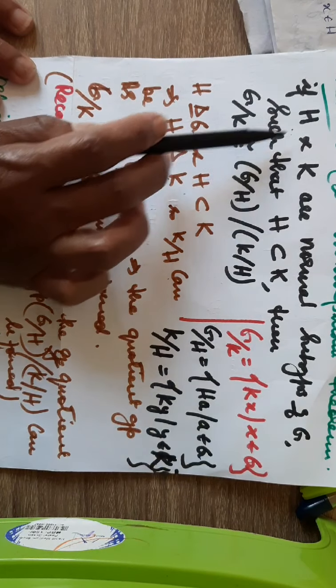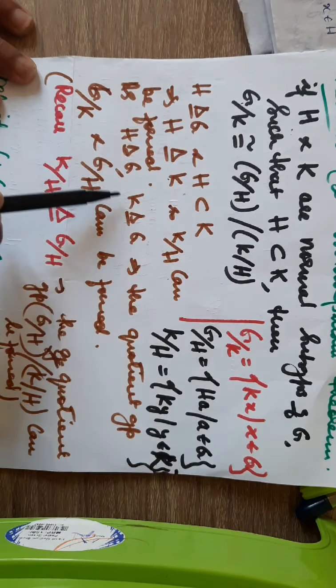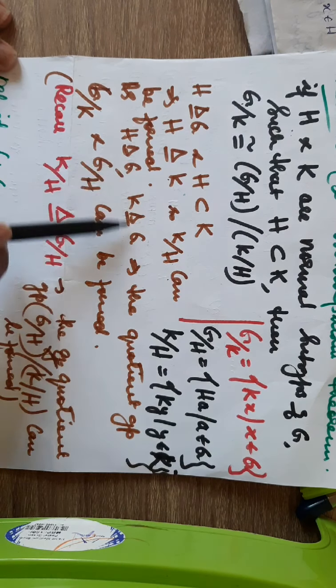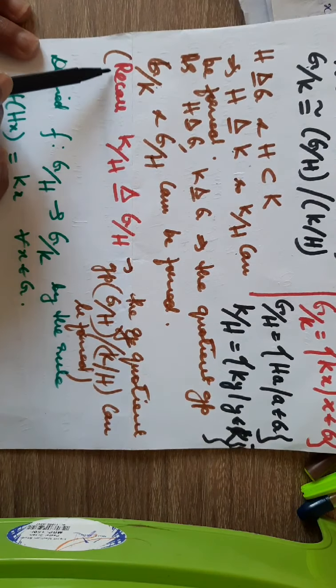Again, by the given condition, H is normal in G, so G/H also can be formed. Similarly, K is a normal subgroup of G, so the quotient group G/K also can be formed. Now let us recall this one.